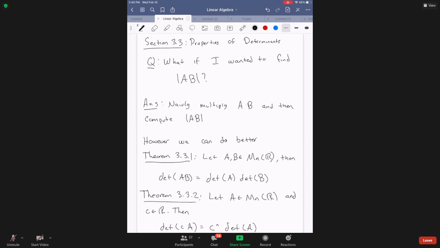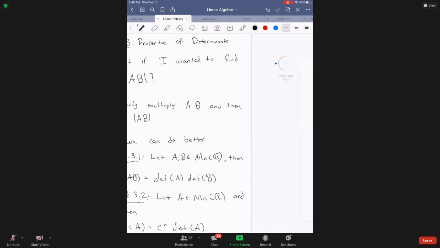Remember how I factor out a 7 from a row and pull it out to the front of the determinant? But that was only from a single row. Since C times A is multiplying every row, I'm technically taking a C out of every single row. And how many rows are here? n of them. So I'm taking out n C's, which is why we get C to the n.